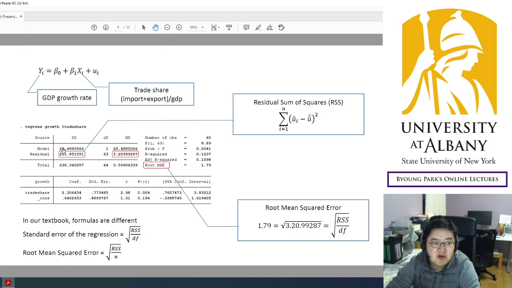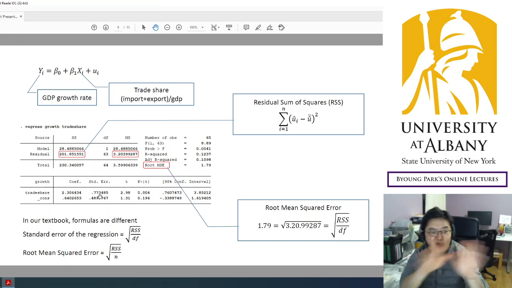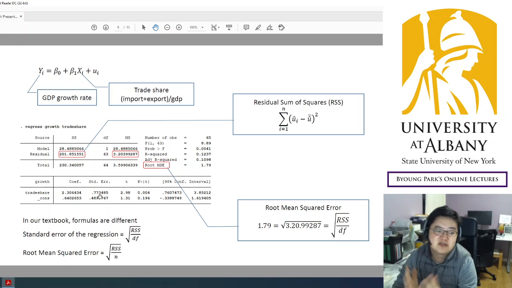The residual sum of squares is calculated and divided by the degrees of freedom, which gives the mean square. The root of the mean squared error is given here, which can also be interpreted as the standard error of the regression, the standard deviation of the error term, which also affects the standard error of each parameter estimate. So all the numbers in the table are interconnected.